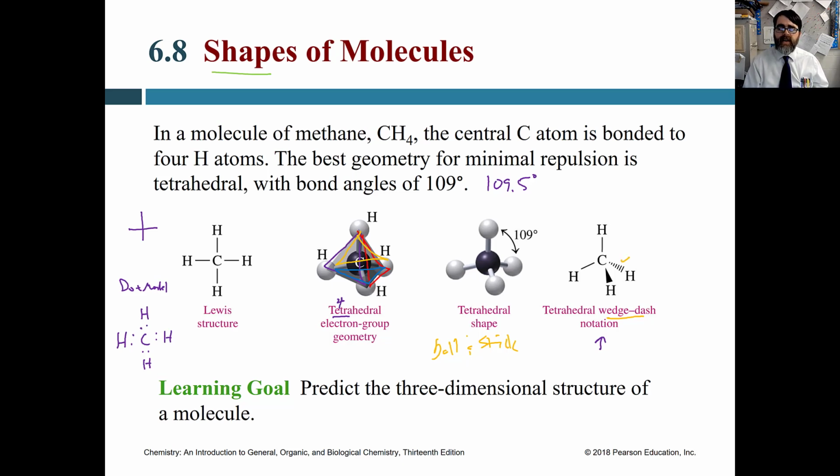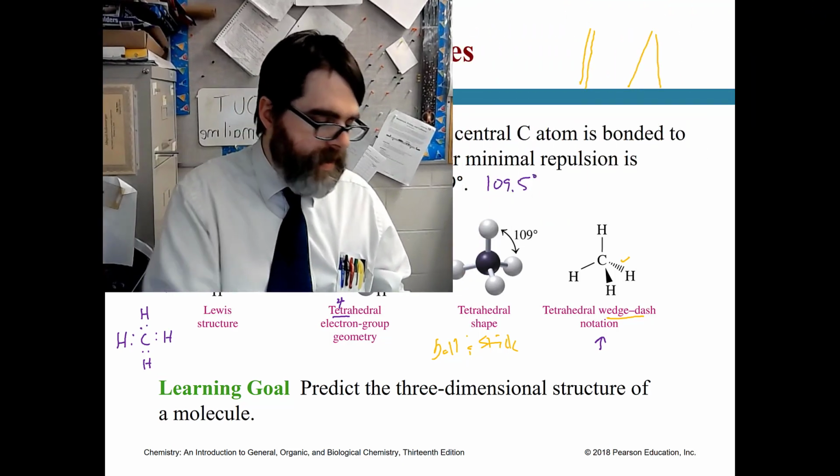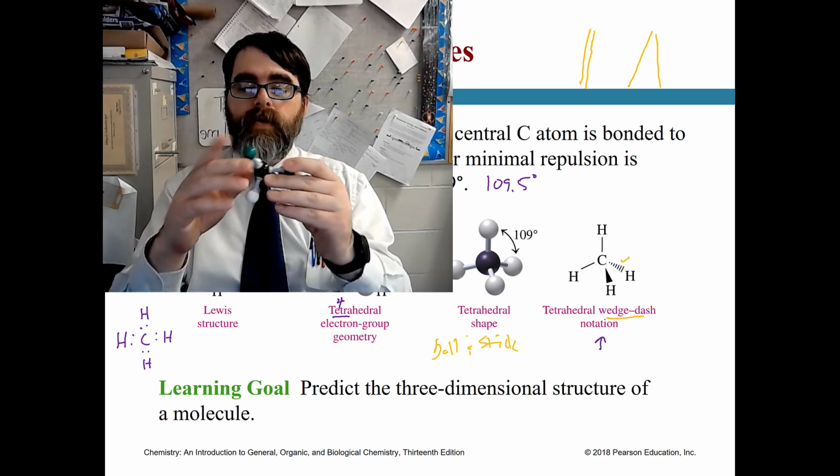And what they're doing is they're taking advantage of this principle that was discovered in art around the Renaissance, that if you have parallel lines, they don't actually seem to stay parallel, that if you look at parallel lines going away in the horizon, they actually appear to converge in the horizon. And so that's what this wedge dash notation is trying to show, is that this hydrogen is actually coming out of the screen towards you, and this dash hydrogen is going back into the screen away from you. And it's part of why I put the green ones on here.